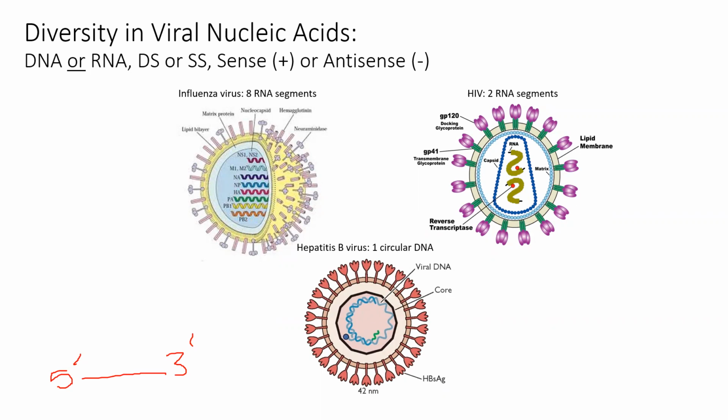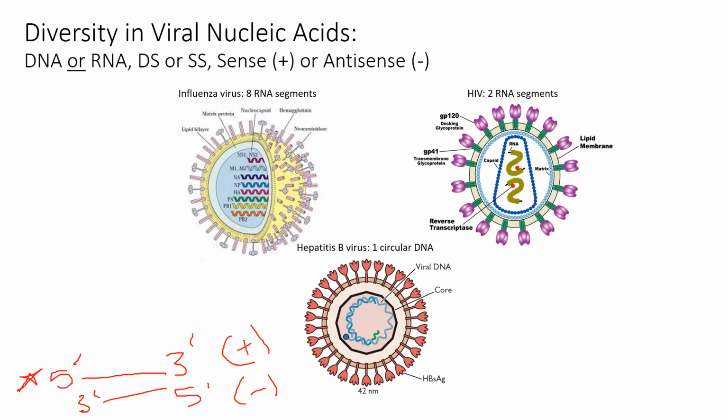But because we're talking about viruses, we usually call this 5' to 3' the positive sense strand. And then the opposite version, we call the negative sense strand. And why this is important is because this 5' to 3' is what our ribosomes can use to make protein. So remember, the virus takes over our cells and uses our ribosomes and our energy and our amino acids and things.